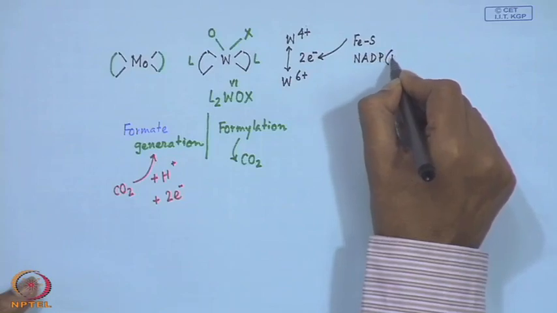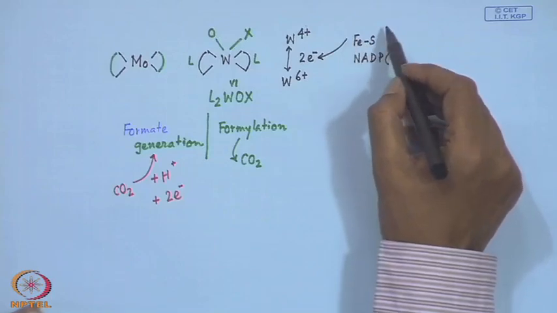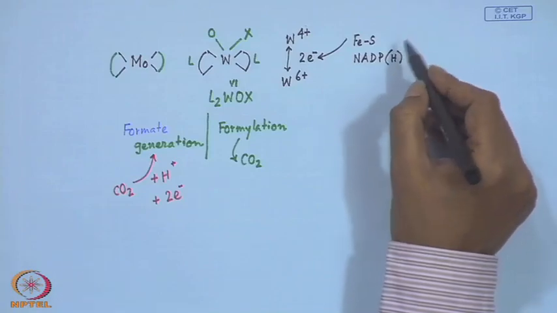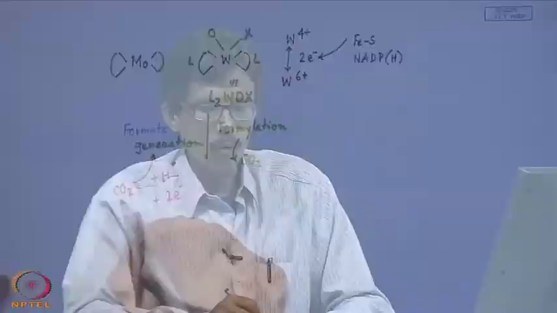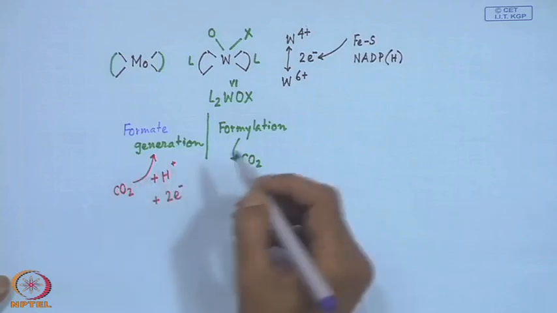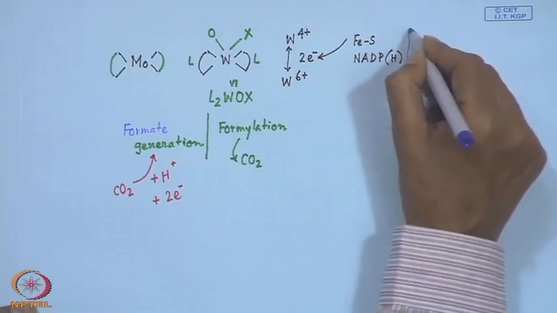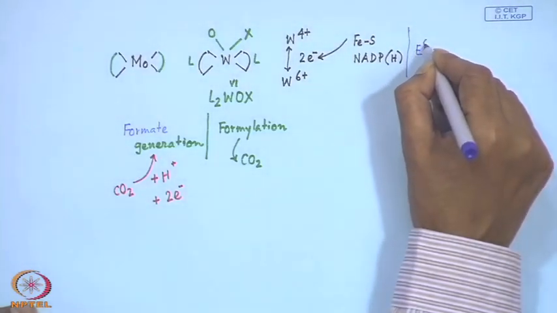reductant like NADPH, etc. So, when these ferredoxin molecules are present, as well as some NADPH molecules, which are well known biological reducing agents, because we have to supply this number of electrons to the system, such that we go for the corresponding reduction of the CO2 molecule. So, these things are available, but the choice is dependent on the corresponding reduction potential.